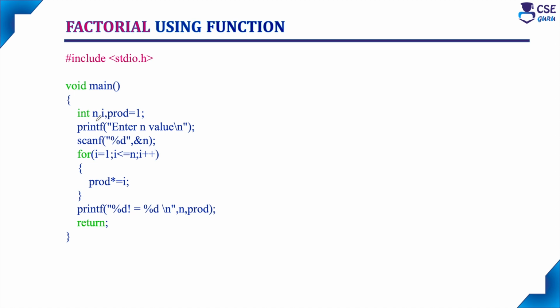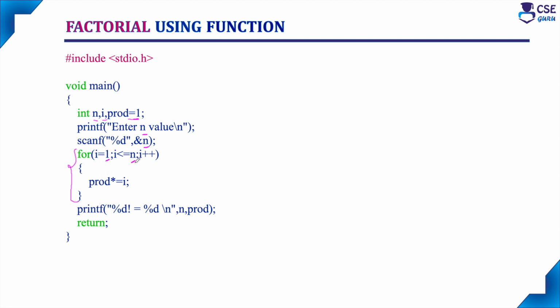Here we have declared the variables n, i, and the initial product value is 1. Then enter the n value and store it in the variable n. This is the actual logic: for i equal to 1, the initial value, i less than or equal to n.